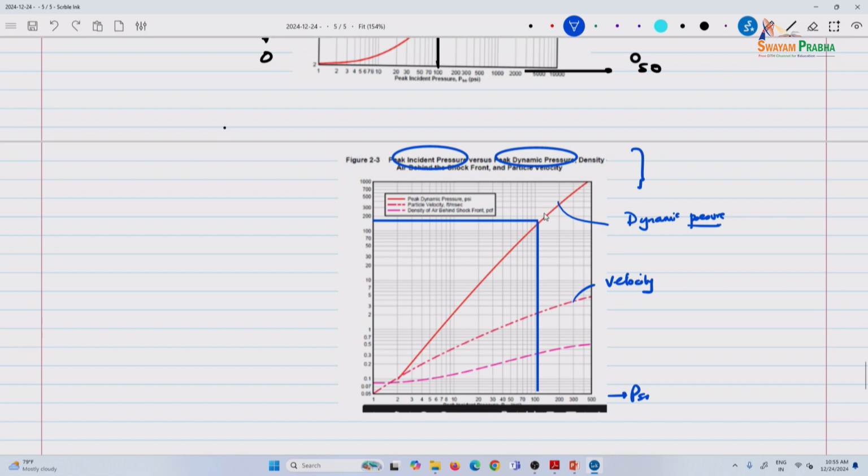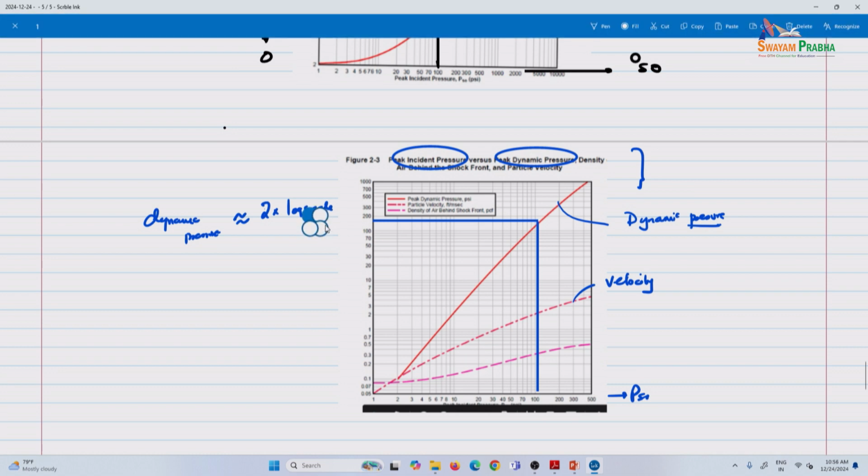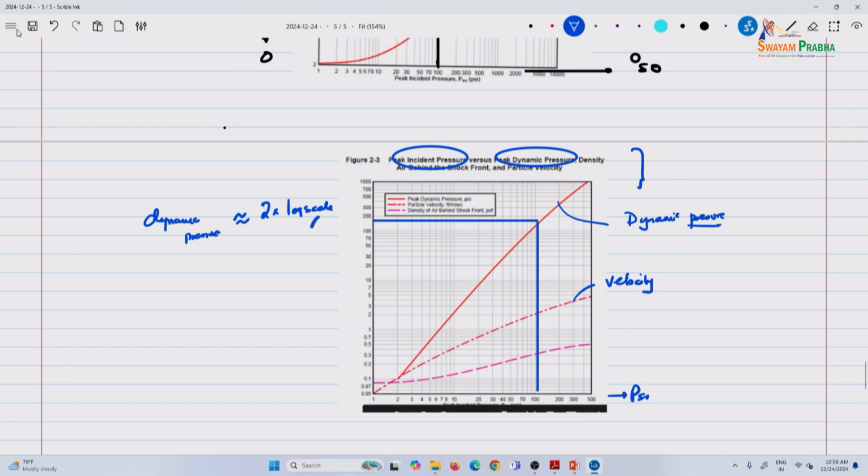Your dynamic pressures are roughly twice. So, this is approximately the dynamic pressure, not twice in the log scale, this is 2 times PSO in the log scale.